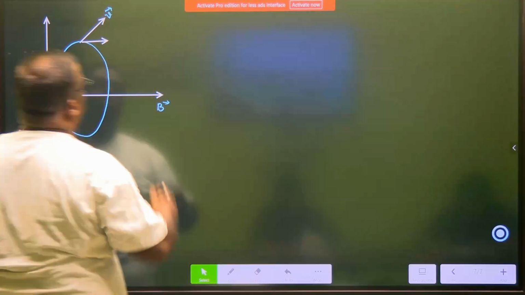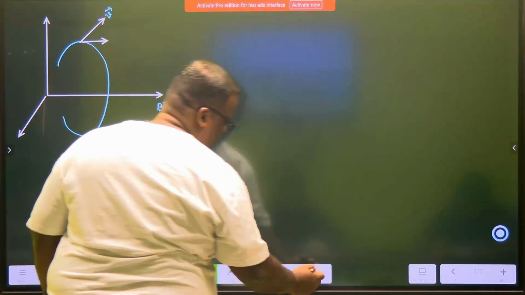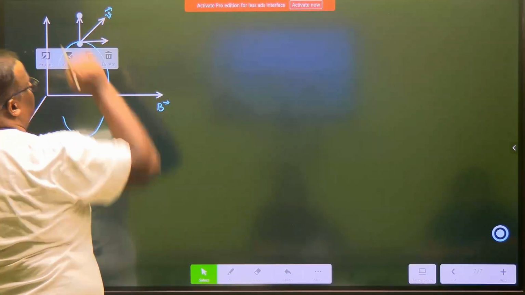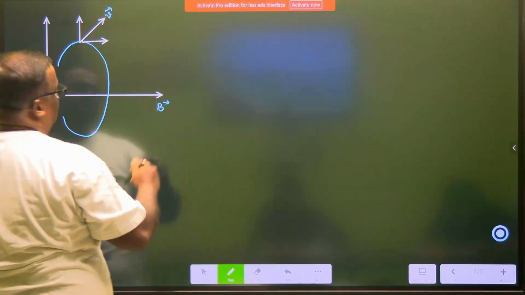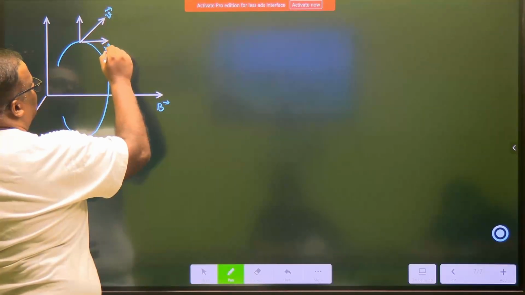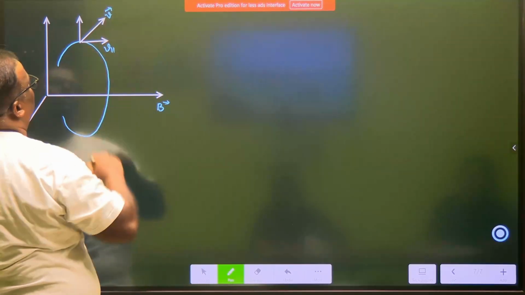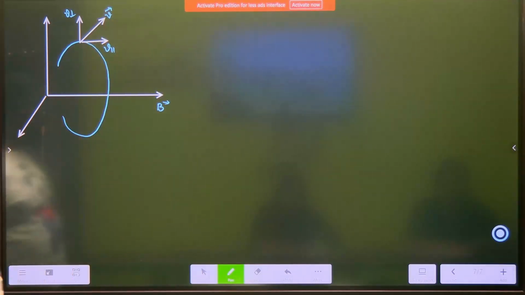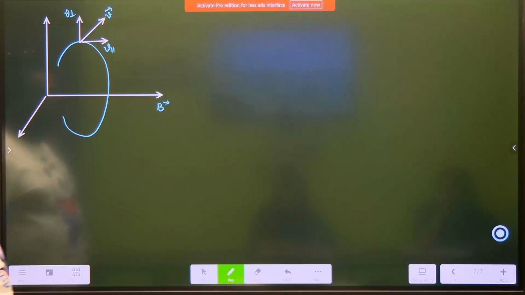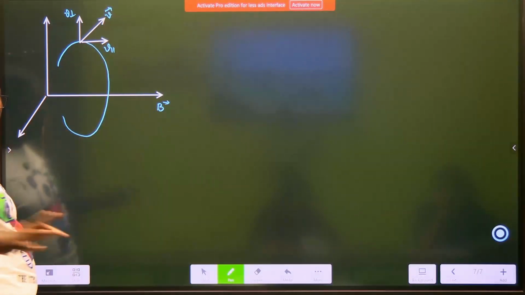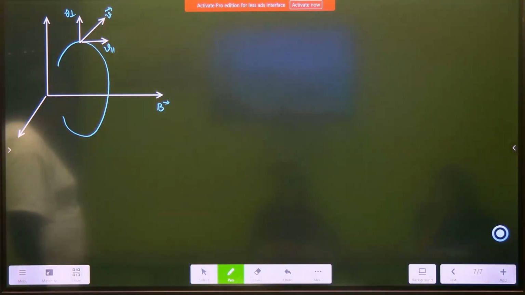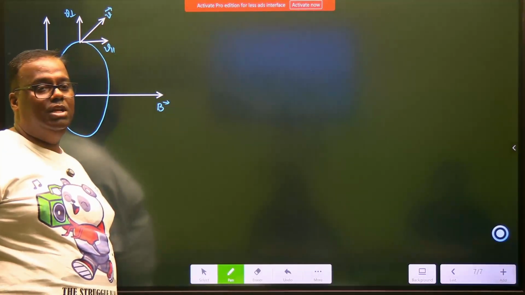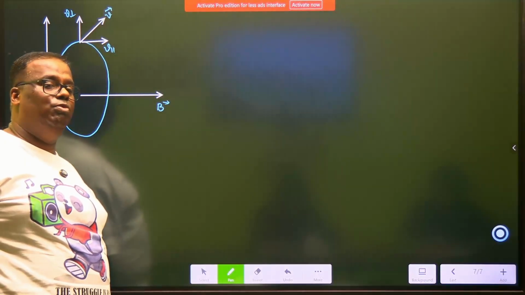You can write this as V parallel, meaning V horizontal, and V perpendicular. V perpendicular with the magnetic field you have already studied. What does it do? It makes the body move in a circle.